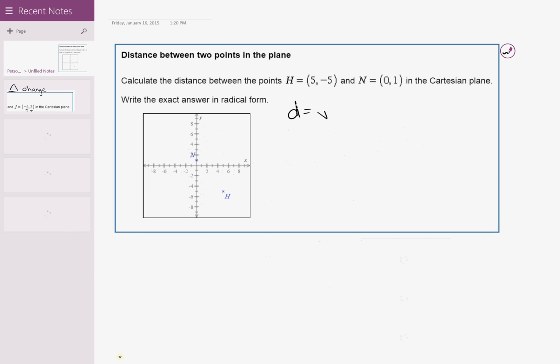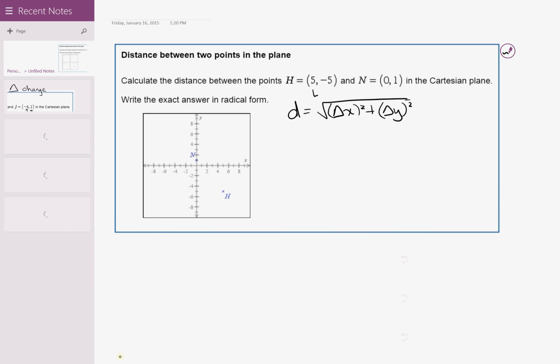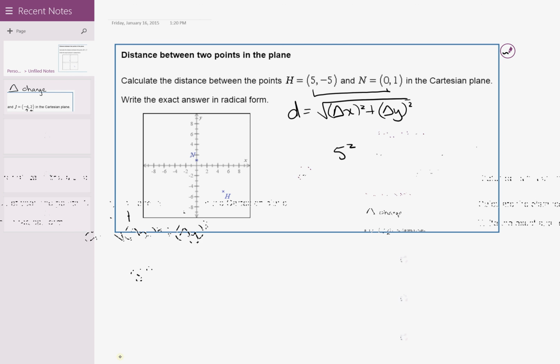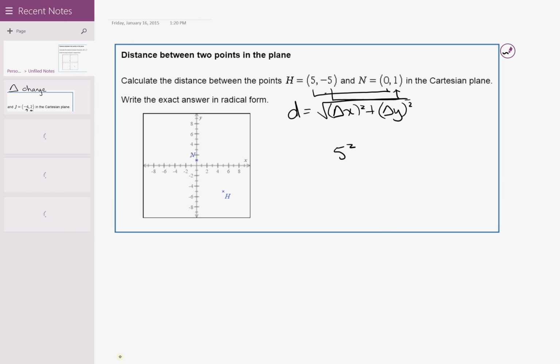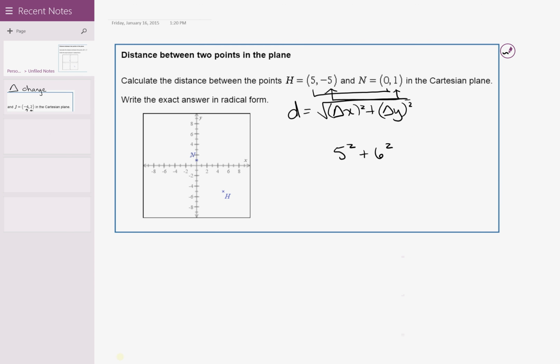Distance is equal to the square root of delta x squared plus delta y squared. And the change in x is 5. The change in y from negative 5 to 1 is 6. And for many of us, we make fewer sign errors if we do it this way.